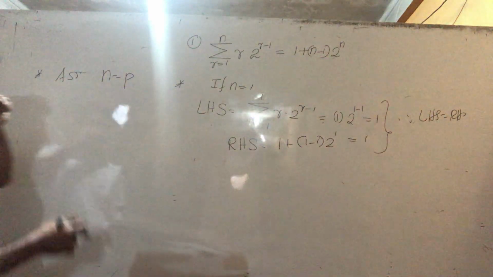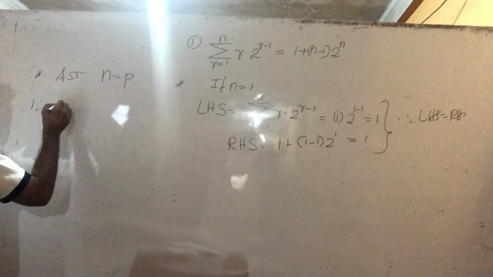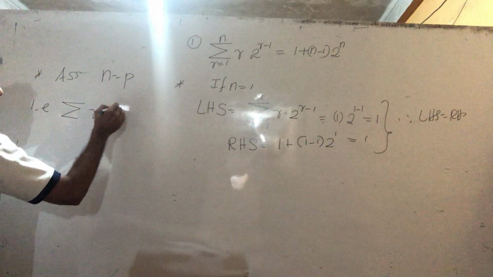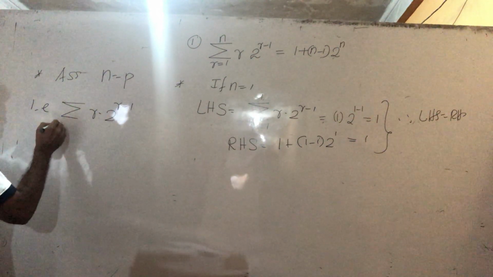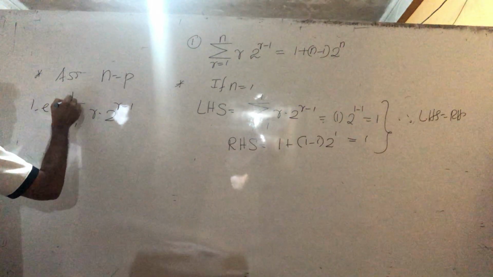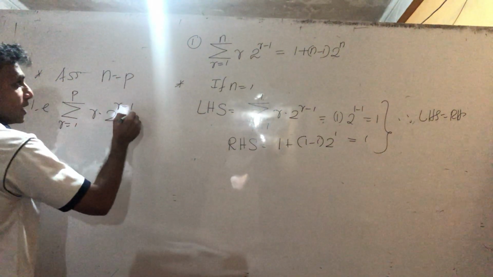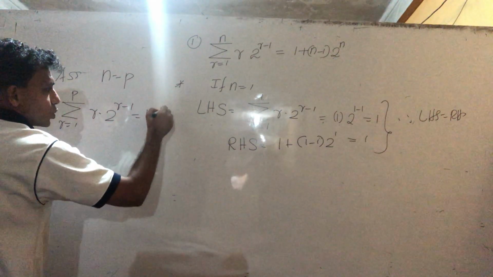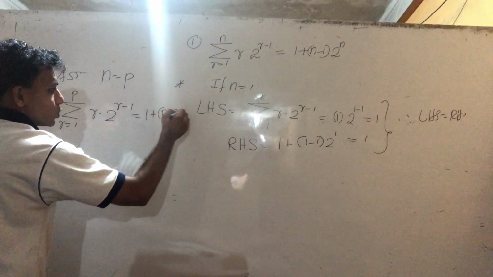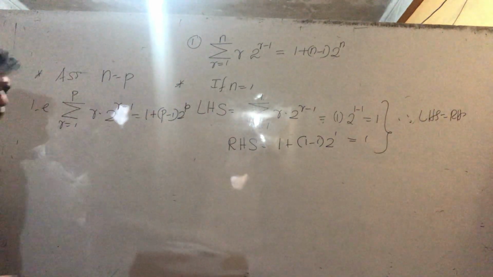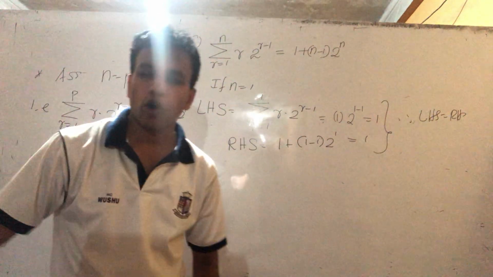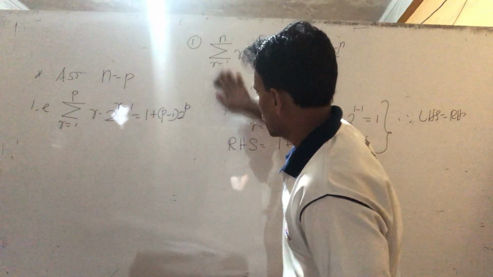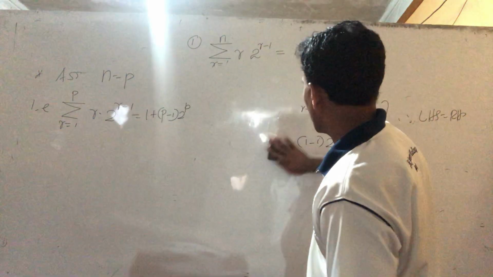Copy it: sigma r into 2 to the power r minus 1, r equal 1 to p, putting n for p, equals 1 plus (p minus 1) into 2 to the power p. Okay, that is the assumption for n equal p. Now the last part: show what happens for n equal p plus 1.